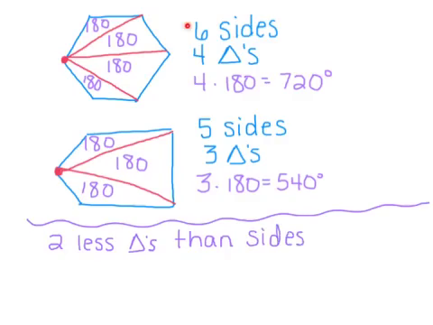So 6 sides made 4 triangles, because 6 minus 2 is 4. 5 sides made 3 triangles, because 5 minus 2 is 3. So if you had an 18-sided figure, you would make 16 triangles. You're always making 2 less than the number of sides. Well, in geometry, we end up using n for the number of sides quite a bit.